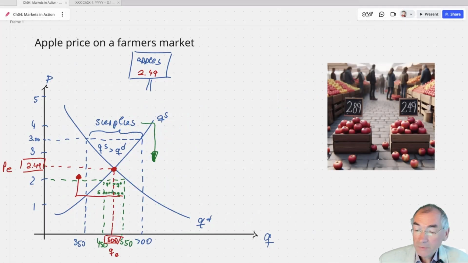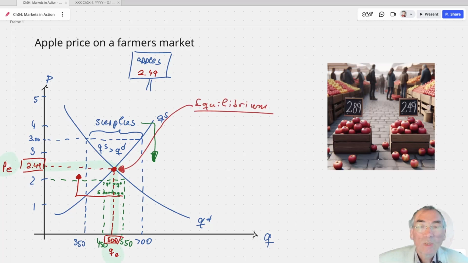And as a result, you see our equilibrium price at 2.49. In this equilibrium, quantity supplied is equaling quantity demanded. The plans of the consumers and the plans of the suppliers are the same.